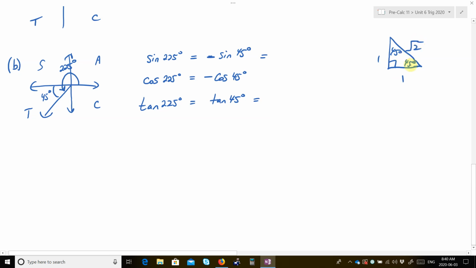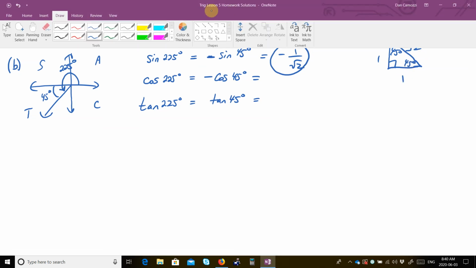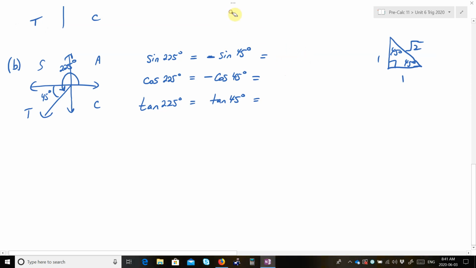And sine 45 is opposite over hypotenuse, so 1 over root 2 with a negative sign in front. Cos 45 is adjacent over hypotenuse, which is 1 over root 2, and we have a negative sign in front of that one as well. And tan 45 is 1 over 1, which is just equal to 1. Okay, and so that's what we get for 2B.